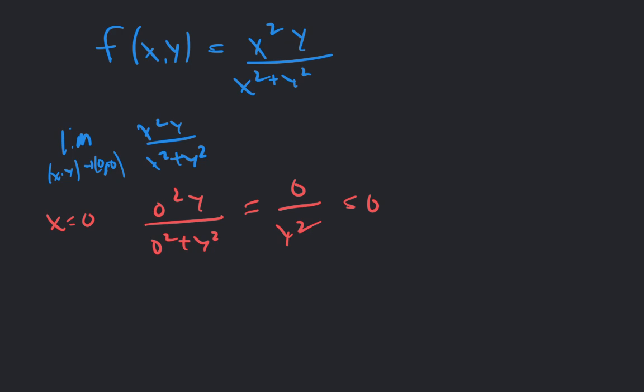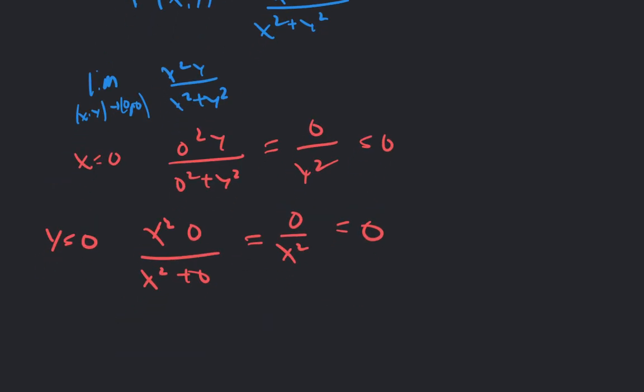We can try along the path y is equal to 0. And this gives us x squared 0 over x squared plus 0, which is equal to 0 over x squared, or 0.